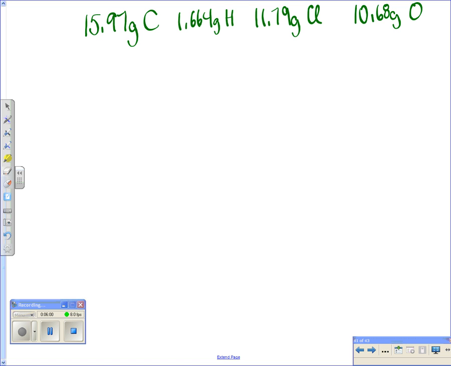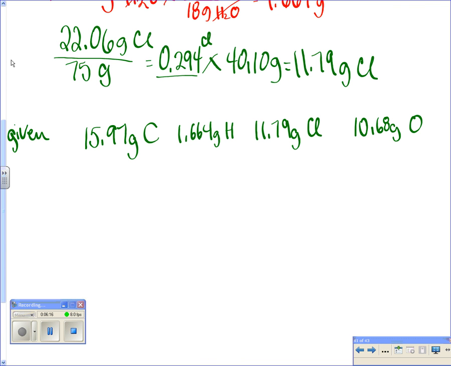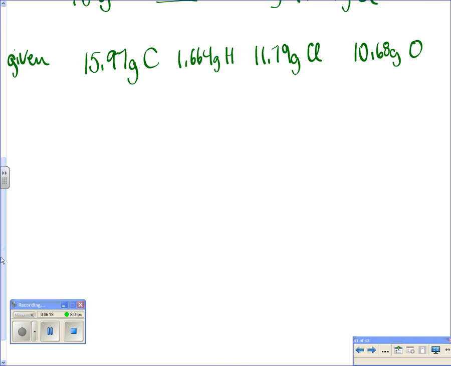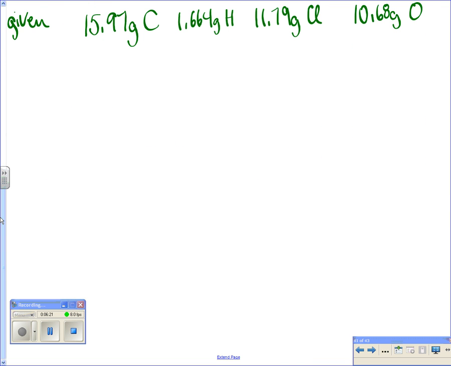So then my next step, so that's my given, and then we're going to do the empirical formula steps. And so the empirical formula steps are that I need to convert them to moles. To do that, I'm going to write down the molar mass. So I know carbon is 12, hydrogen is 1, chlorine is 35.45, and oxygen is 16, and I'm going to convert to moles.